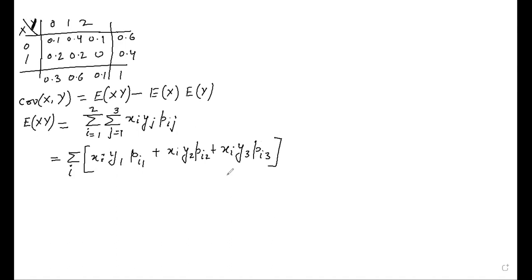Now we can take y1 outside, since we need to take the summation over i.